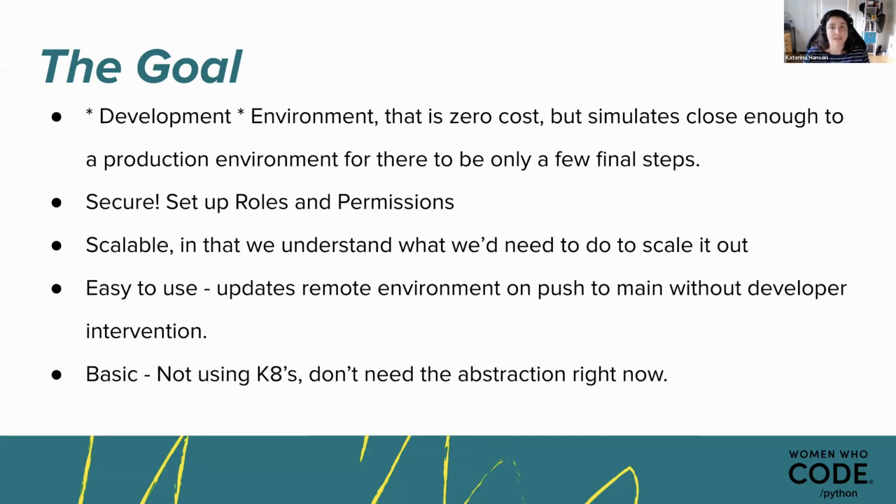Enough that there's only a few final steps to get it over the line to scale. The development environment in all other ways should be secure, like a prod environment. We should set up roles and permissions. We need to understand what we need to do to scale it out without actually doing it. It should be easy to use for the developers.